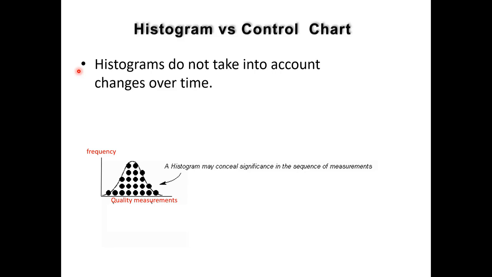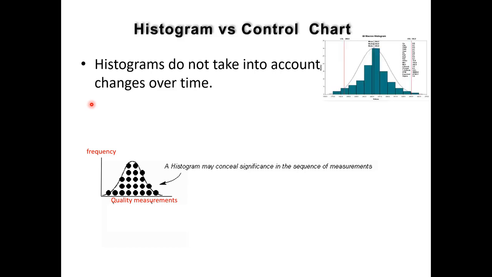The first one is that a histogram does not take into account changes over time. It was not developed based on a time period. With a control chart, you will see the sequence of time and when exactly those quality data occur.